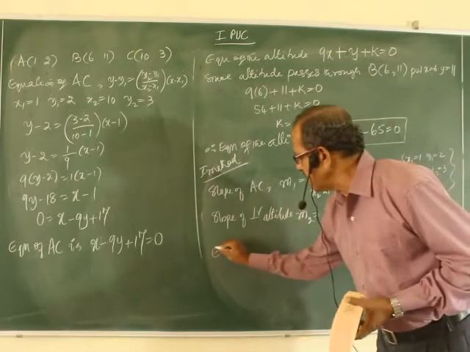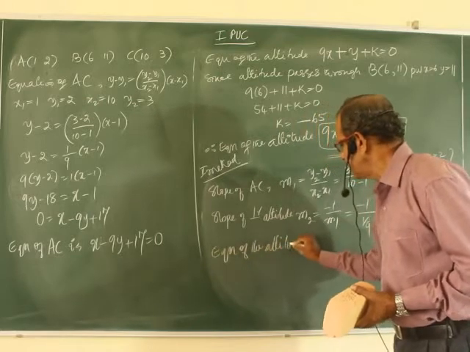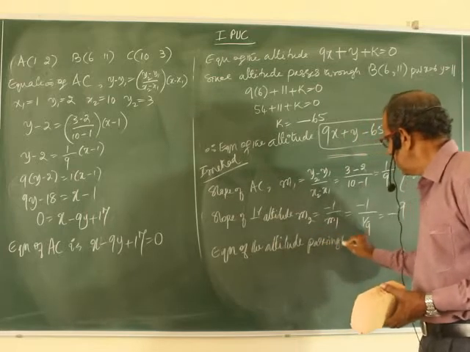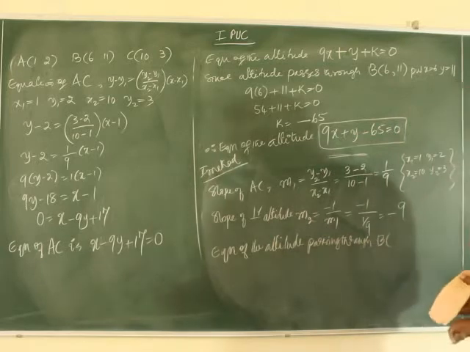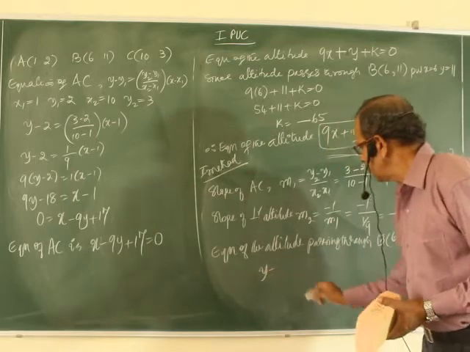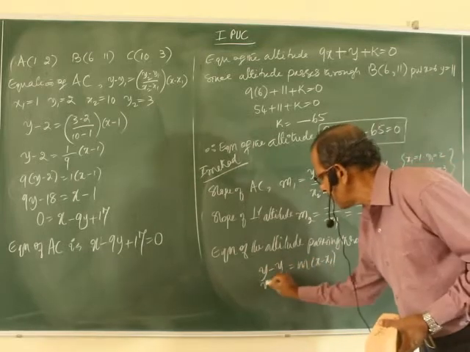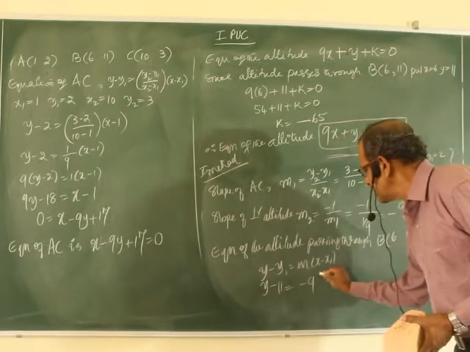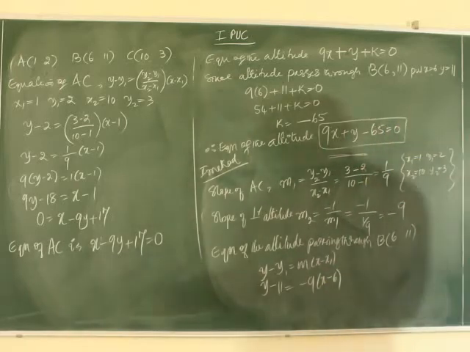Now write the equation of the altitude passing through B, coordinate (6, 11). Formula is y minus y1 equal to m into (x minus x1). y minus 11 equal to minus 9 into (x minus 6).